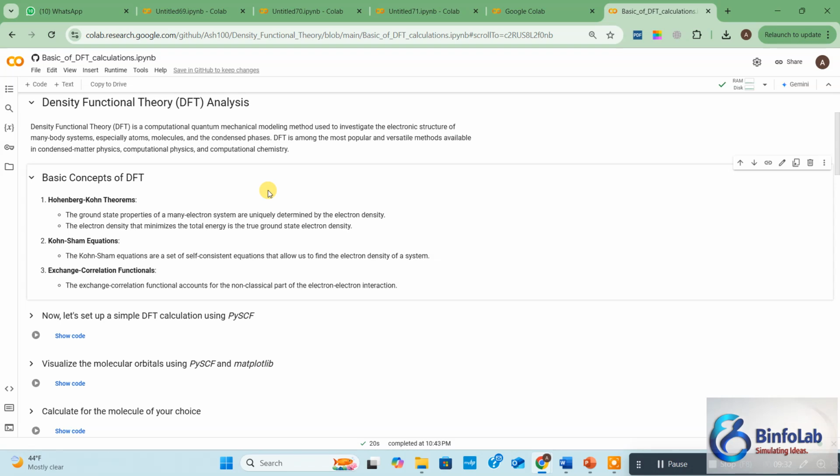Actually, we perform DFT for many different aspects. The aspect we are interested in today is to find out which atom of the compound is more likely to interact with another in the system.